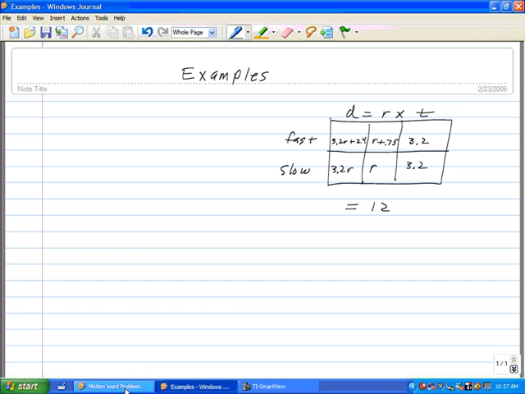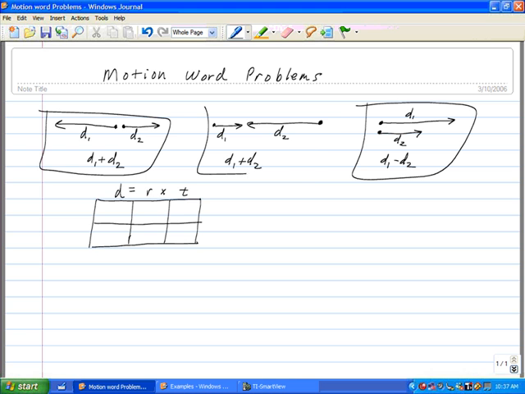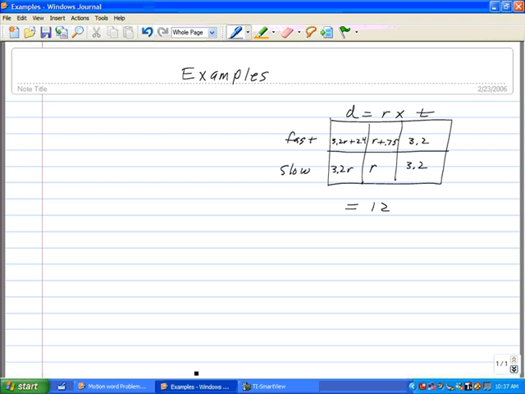So, again, as we've said, these distances are going to be added because they've started in opposite locations and are coming towards one another. So I'll simply take the 3.2R plus the 2.4 plus the other one, which is 3.2R. Combine like terms. 3.2 and 3.2 is 6.4R plus 2.4 equaling 12.